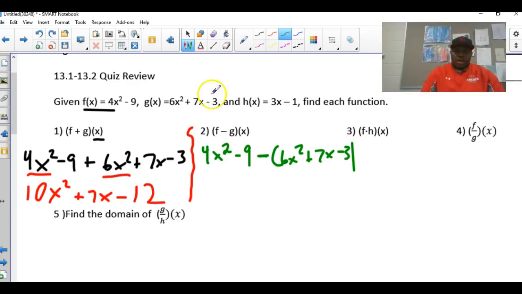What we have to do is distribute that negative, guys. That's why I put the parentheses around it.